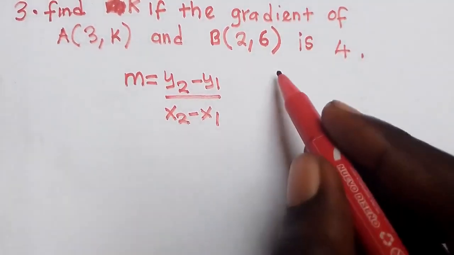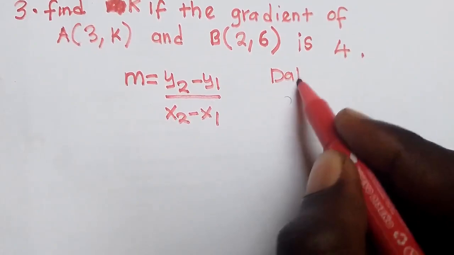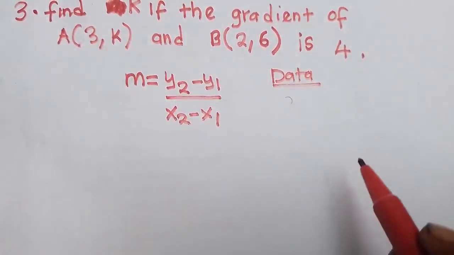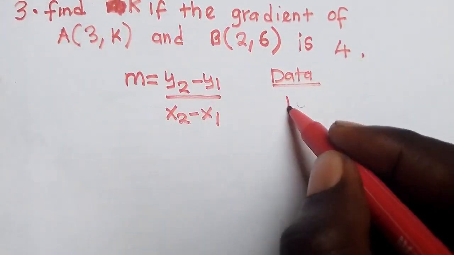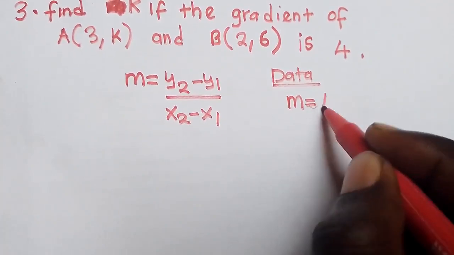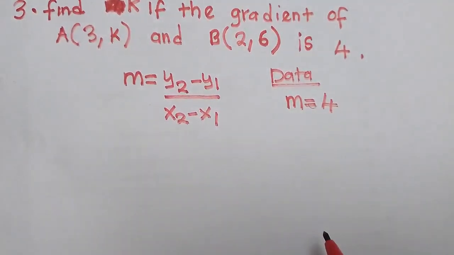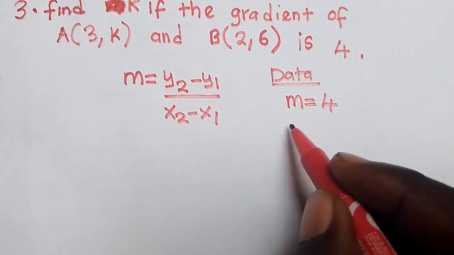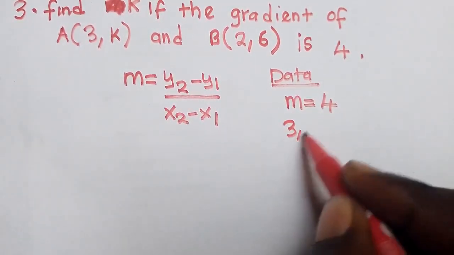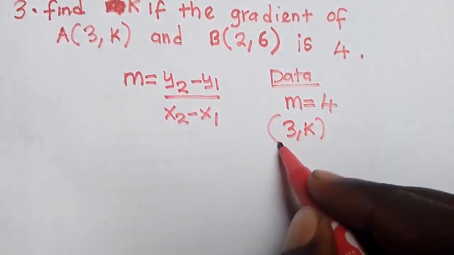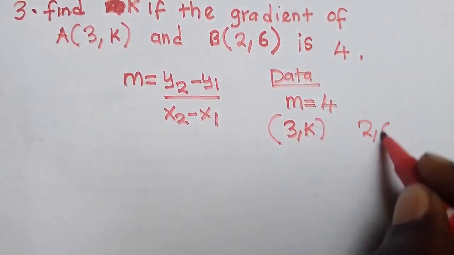So just to get the data which is given, you just put a simple data here. You are given the gradient, that the gradient is 4. You are also given coordinates (3, k) and (2, 6).